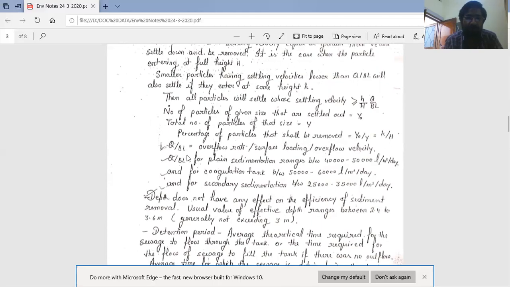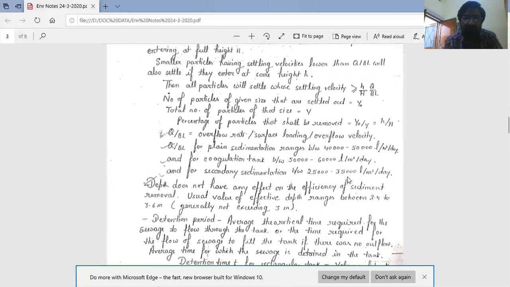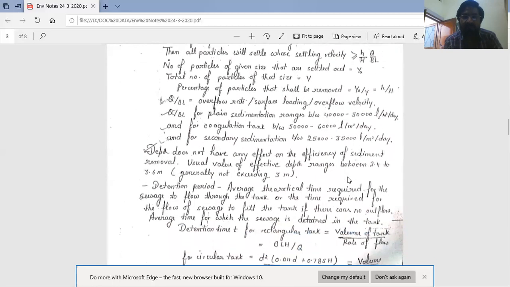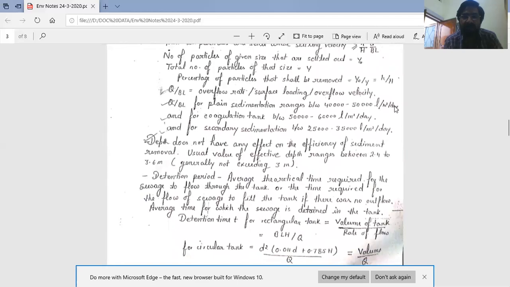Now Q upon BL is equal to the settling velocity, or overflow rate, or surface loading, or overflow velocity. Q upon BL for a plain sedimentation tank ranges from 40,000 to 50,000 liters per meter square of surface area of tank per day.